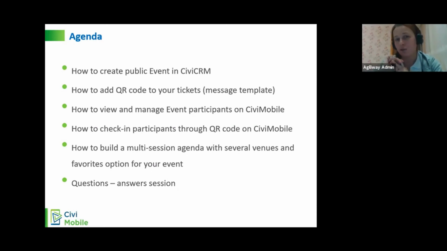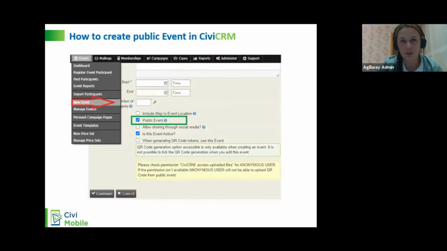If you have any issues like Thomas, please email us. How to view and manage event participants on CiviMobile, I showed you. How to check in participants through QR code, I also showed you. How to build a multi-session agenda with several venues, and how to add favorites for sessions, speakers, and so on, I also showed you.